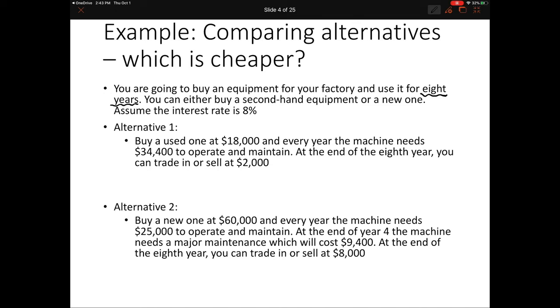And also, at the end of the 8 years, if you want to resell it or trade in, the price for this new equipment could be higher than the second-hand one because it's just been used by one owner for 8 years. So it's still very new, in good condition. But to buy this new machine, you need to pay much more than for the second-hand one.